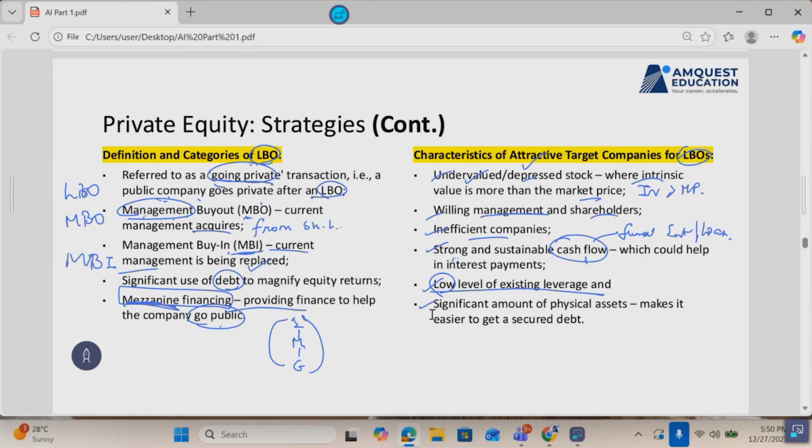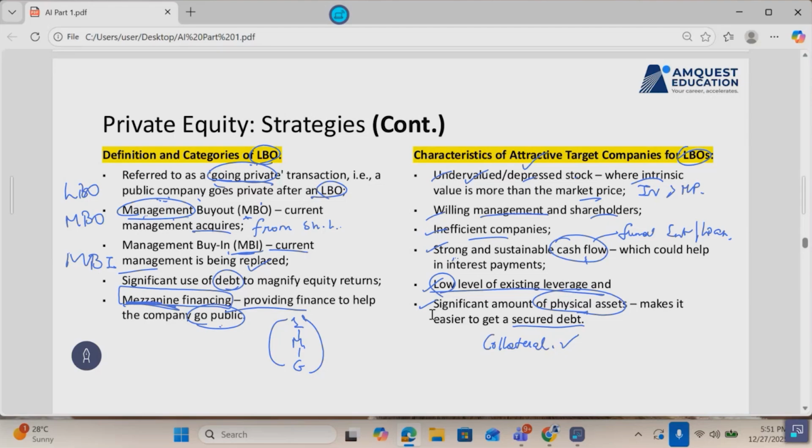And obviously significant amount of fiscal assets, because you want a leverage, you want some collateral. So the company that you're going to buy should have a high amount of fiscal assets so that you can set up a collateral for the purpose of your debt, correct? अगर तुझे लोन लेना ही है तो collateral के लिए assets will be quite helpful.